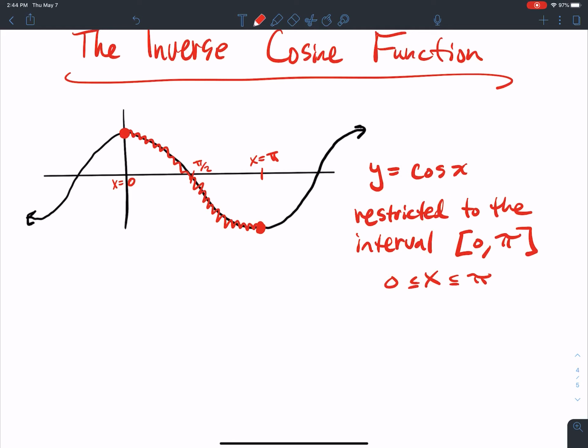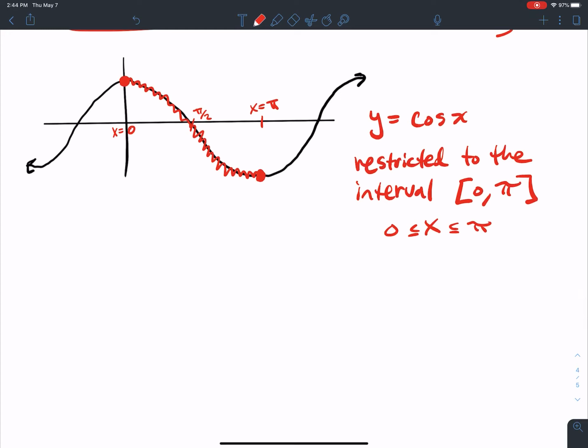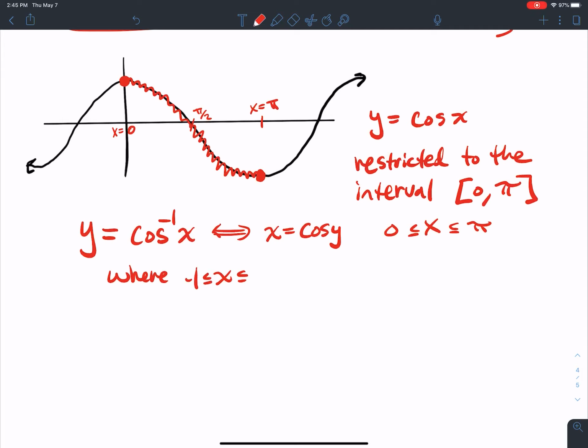So the equation is written this way. The equation for cosine inverse, y equals the cosine inverse of x, is the same thing as x equals the cosine of y, where x is stuck between -1 and 1, and y is stuck between 0 and pi.